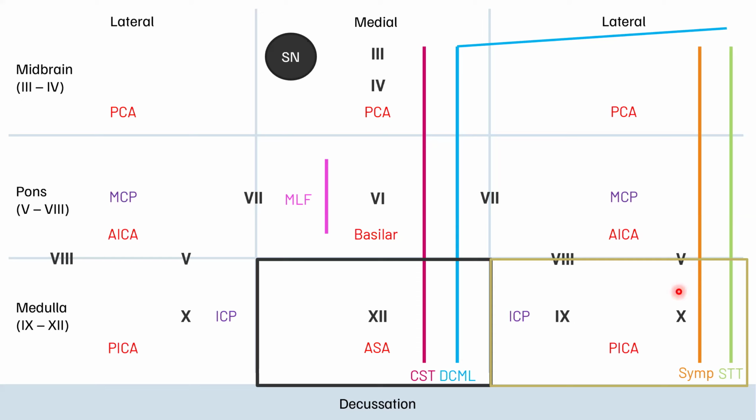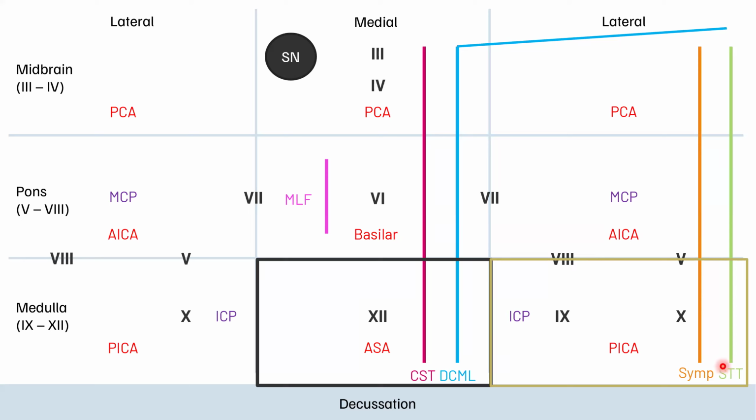We're going to have an issue with the muscles of mastication, the deviation of the jaw, all of that. Here, rather than the cochlear portion, we're going to be involving the vestibular portion, which would give me the nystagmus, the vertigo, the vomiting.